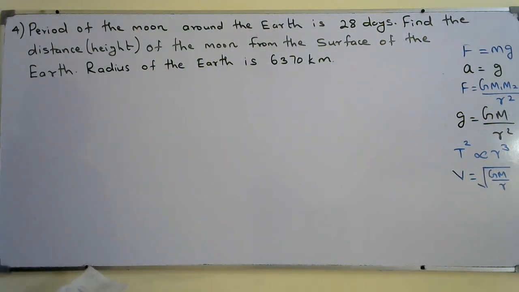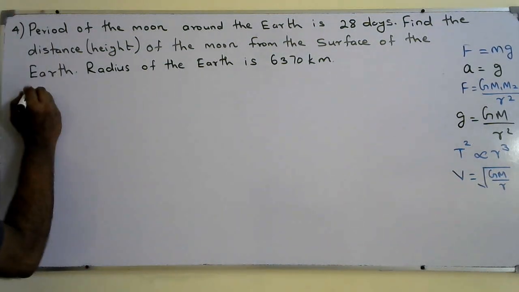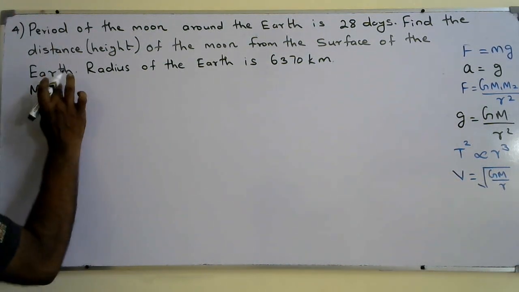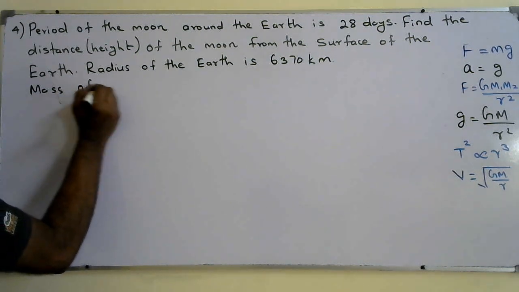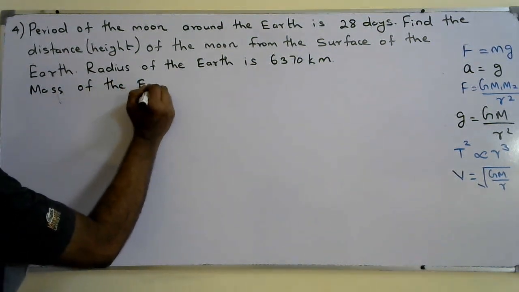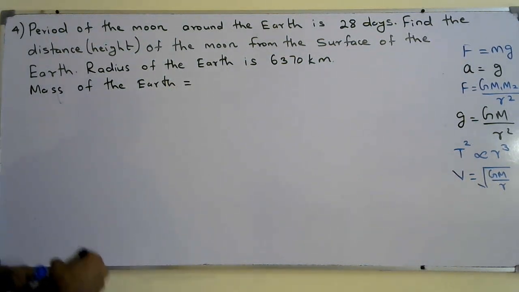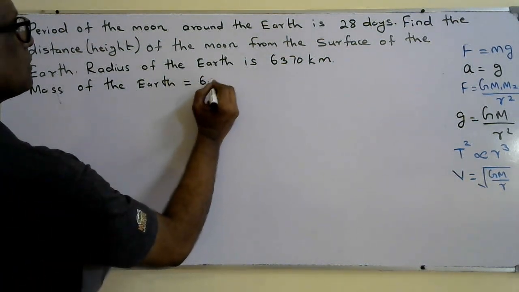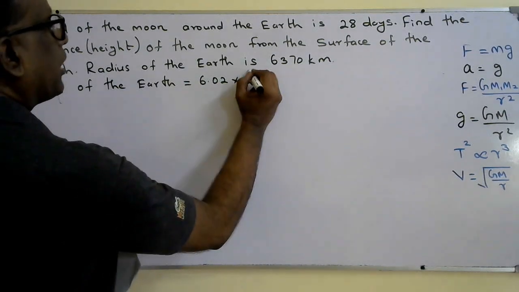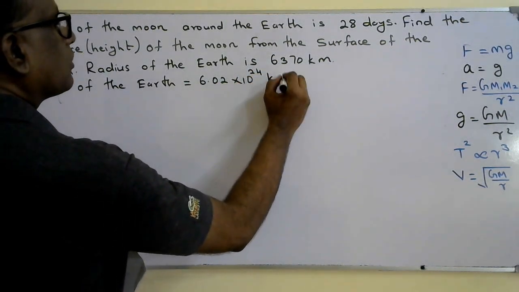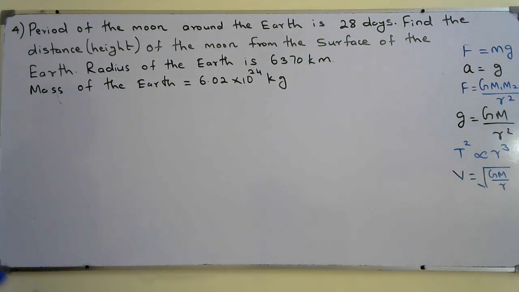The mass of the earth is also given, 6.02 times 10 to the power 24 kilograms. So by using this we need to find the height of the moon above the surface of the earth.